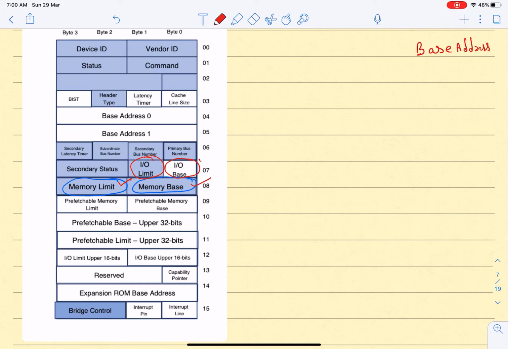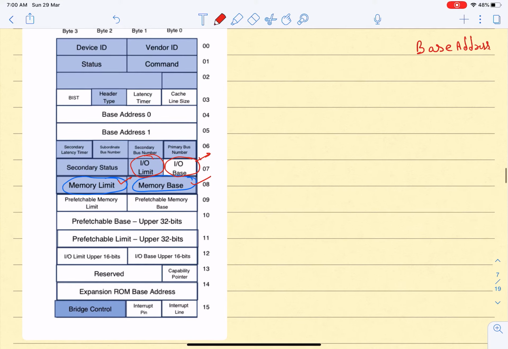How do we interpret the base? For IO, let us suppose that we have the bits 7 down to 0, laid out as 3, 2, 1, 0, 4, 5 and 6.